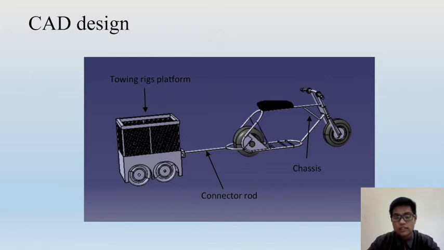In the structural analysis, we will analyze the load of a human sitting on the chassis and the engine. We will put on the chassis the pulling force for the connector rod and the load that was put on the platform of the towing rig.